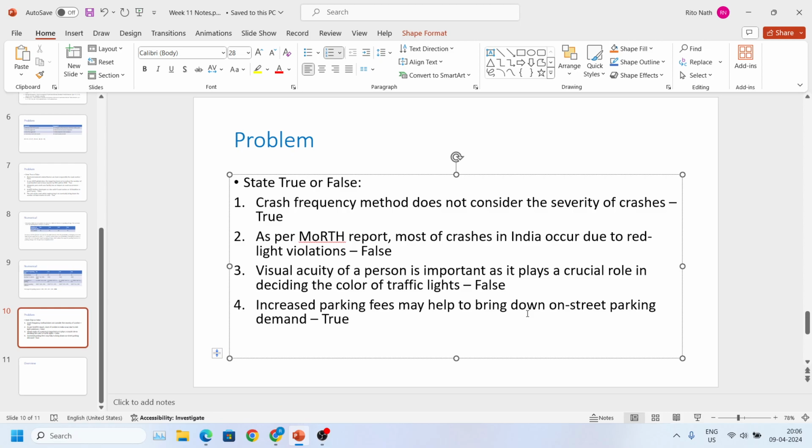But if the fees are not that high, they might go for on-street parking because it is easy, you don't have to move to another location to find parking spots. But if you increase this fee, you can bring down the on-street parking demand. So that's why it is true. There are subtle differences between on-street and off-street parking.